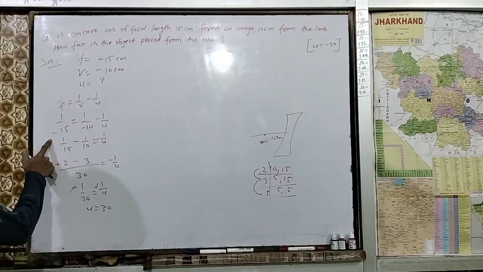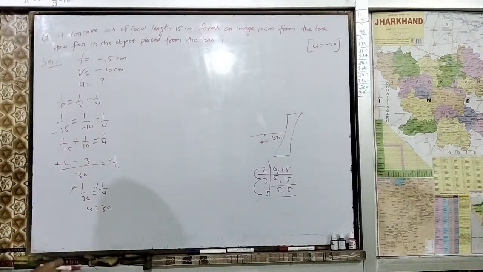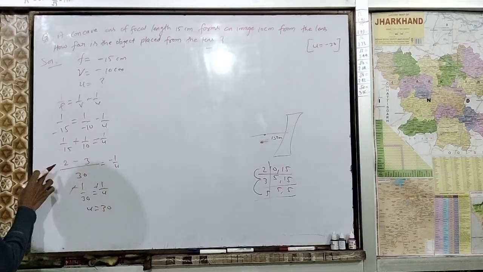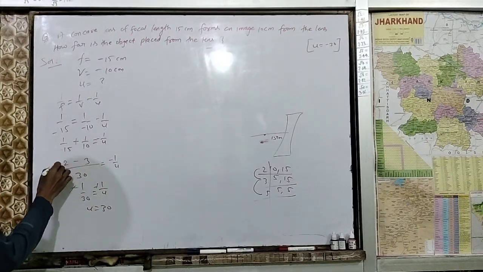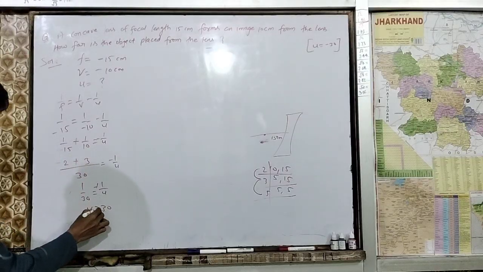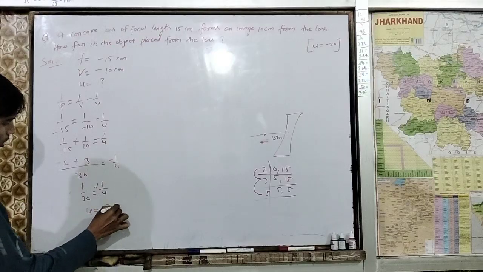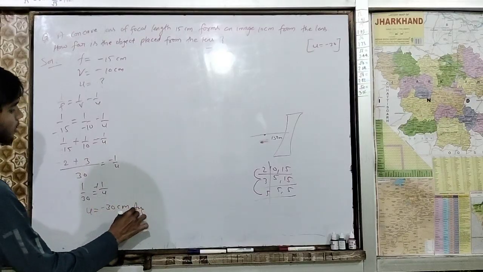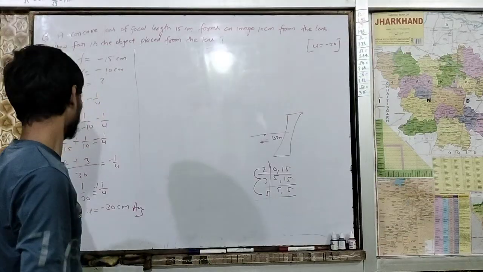Minus as it is and plus as it is. Okay, and here minus and this plus. Now it's done. u is minus 30 centimeter. This is our answer. Now let's draw the figure.